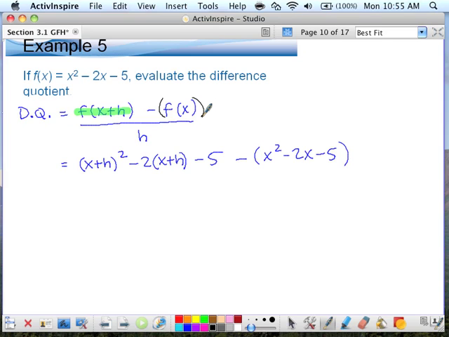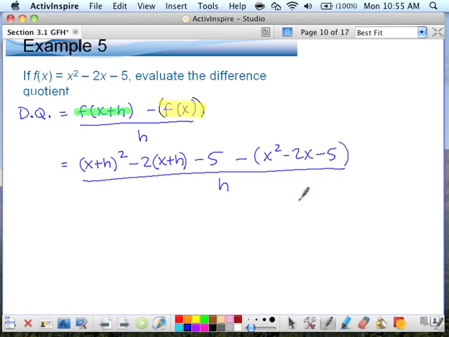So make sure you always put a parenthesis there. That's your original function being subtracted off. And finally, you divide the whole thing by h. That's how you set it up. That's just the basic setup of the difference quotient.